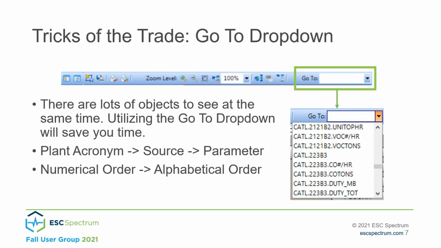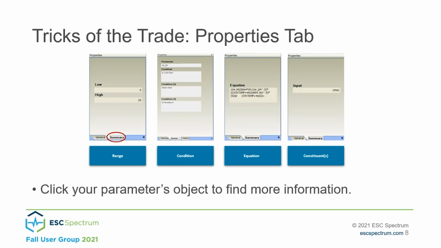Now, in the objects in that screen, if you click any of them, on the left side of the screen, you're going to have a pane that updates based on the object that you have selected. You'll have a general and a summary tab. You'll also have views if you happen to be saving views in SimScape. I want to direct your attention to selecting the Summary tab.